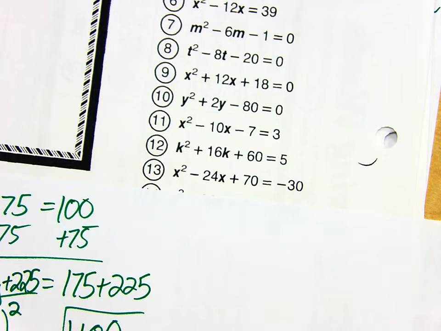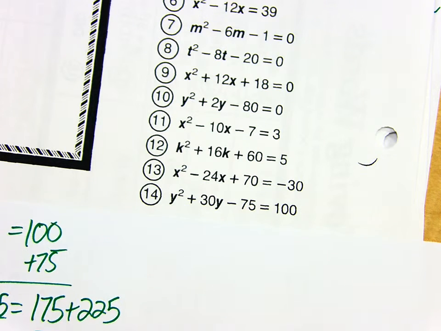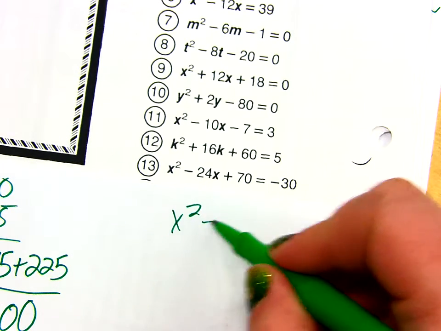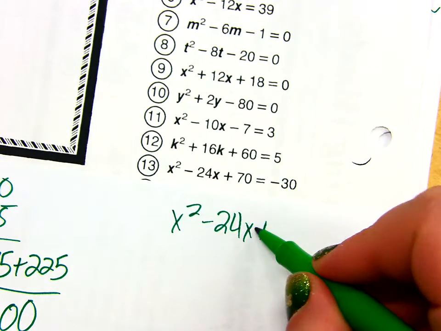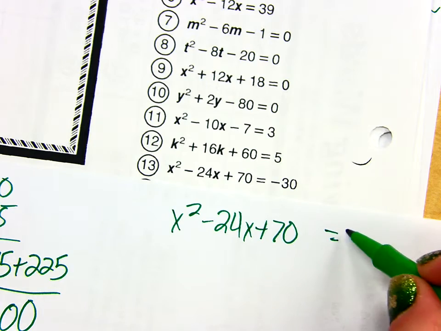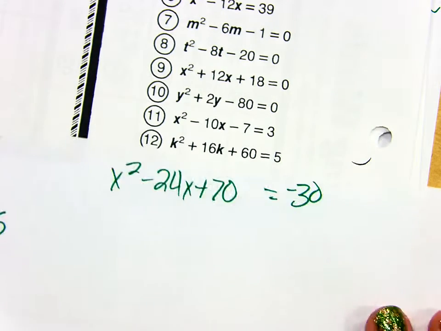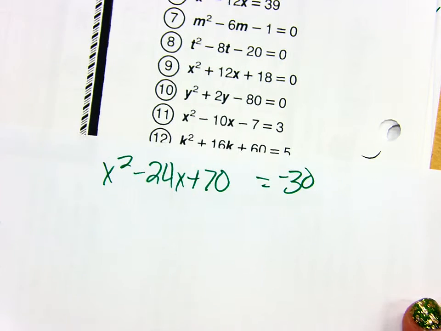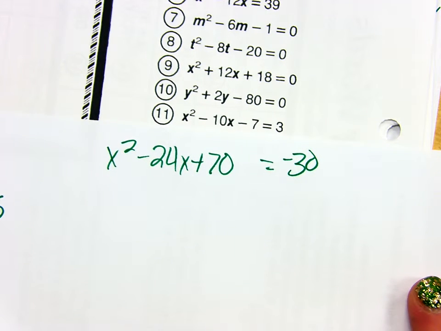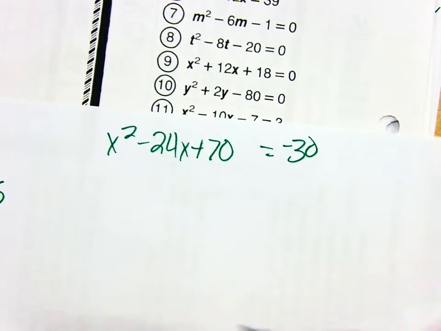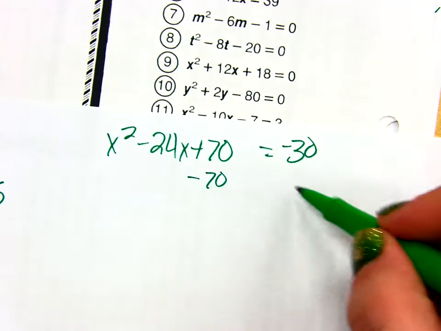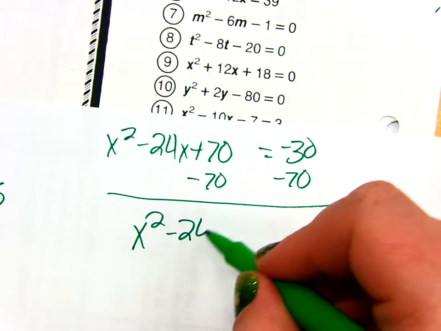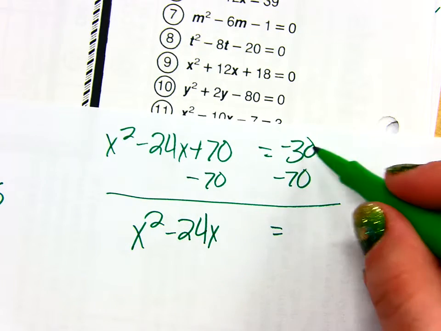Want to try another one together? You pick. 13. 13, okay. What do we have to do when A is not 1? You have to divide everybody by A, but we'll deal with that Monday. So first thing I would do is minus 70 to the other side, right? Leave yourself a little space.